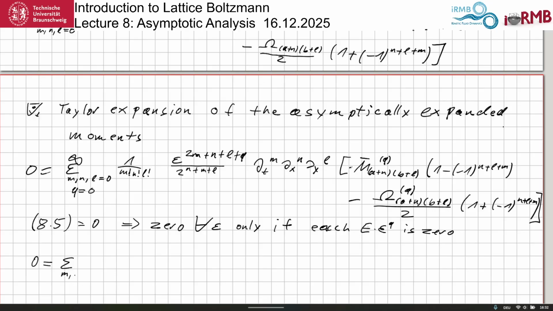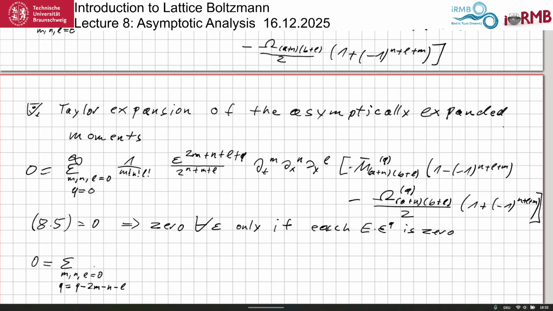We say this m, n, L is equal to 0, and then we have q is equal to p minus 2m minus n minus L. So what we mean is we have now the parameter p that we can specify, and the sum goes from m, n, L equal to 0 to q being that sum here.